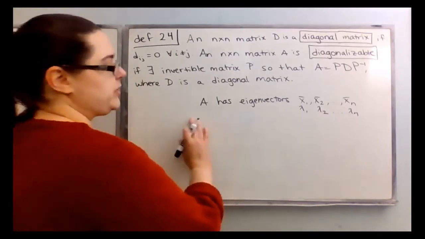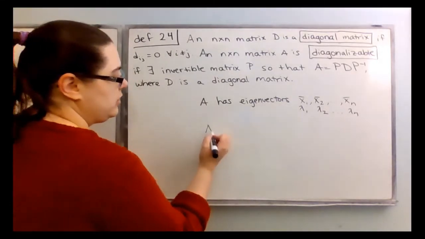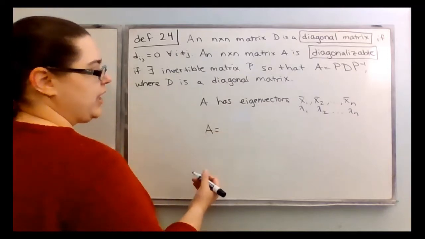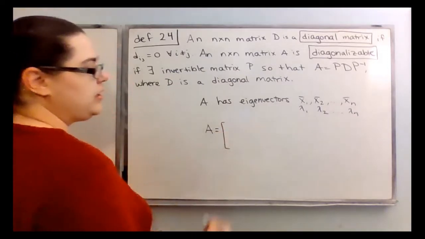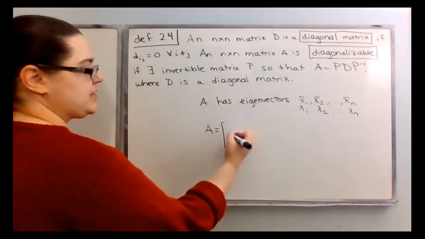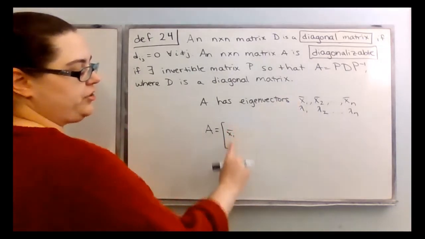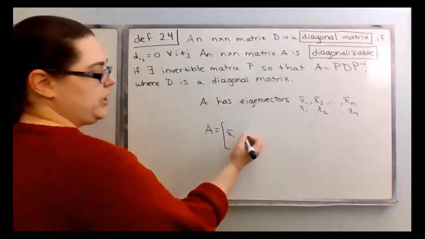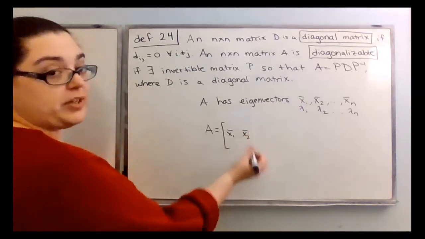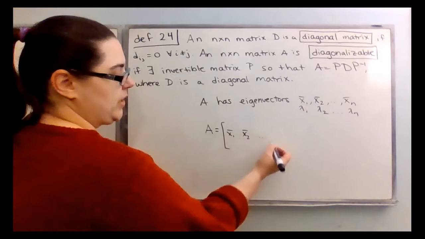Then what this is saying is we can diagonalize A by writing it as the matrix whose columns are the eigenvectors. So I'll take that first eigenvector, that becomes the first column. Then I take the second eigenvector, that becomes the second column, and so on.